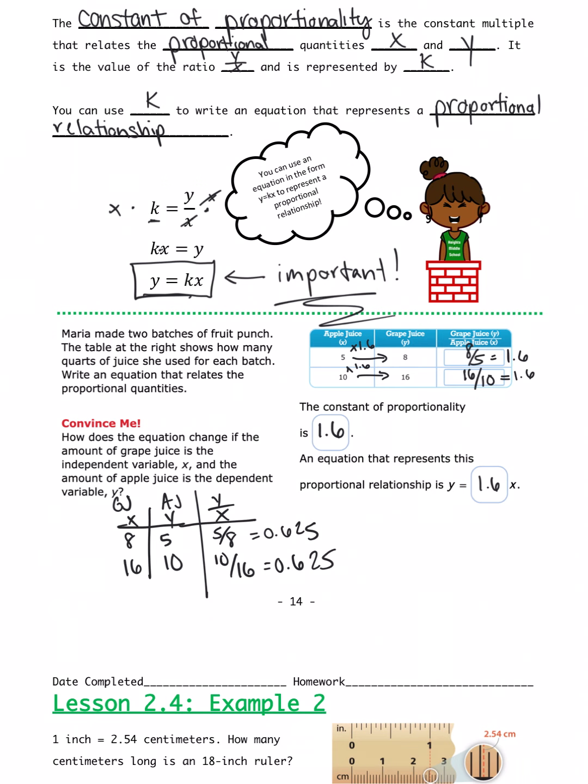What happened was our constant of proportionality changed, and our new equation will be y equals 0.625x. So our k would equal 0.625, and this would be our k over here, just FYI. So that's how it would change. It does matter what order they go in. You cannot put it on either side. You need to figure out which one depends upon the other one, and we're going to practice that.